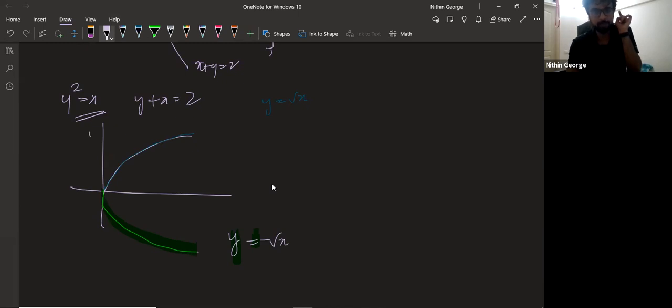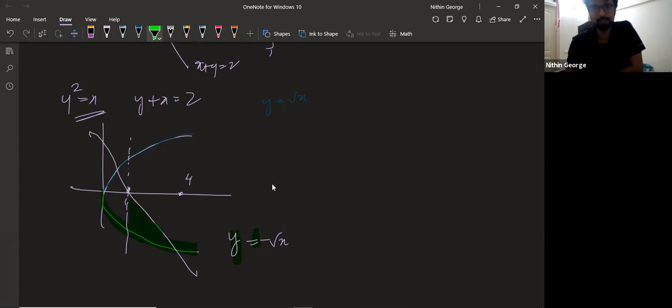We notice that their point of intersection is at 1, 4. So when I'm trying to find the area between them, you have to understand that only this region is giving curve minus line.